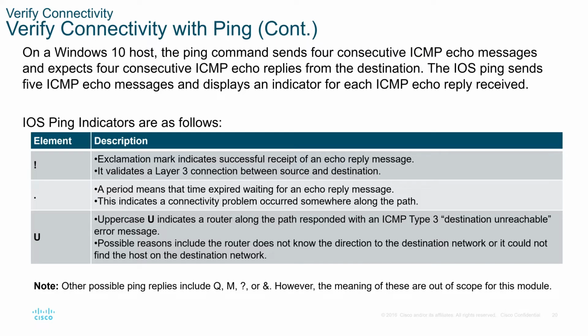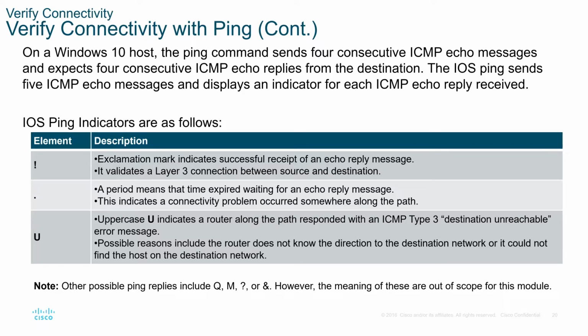The dot, or a period, means that time expired waiting for an echo reply message, and this indicates a connectivity problem occurred somewhere along the path. An uppercase U indicates a router along the path responded with an ICMP type 3 destination unreachable error message.